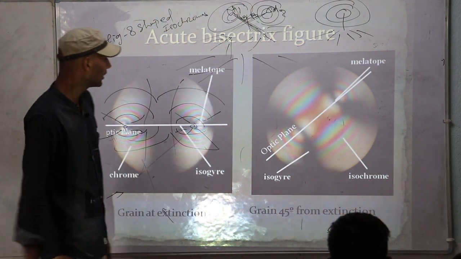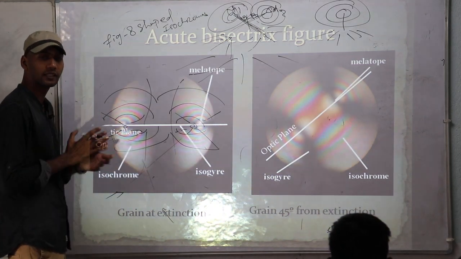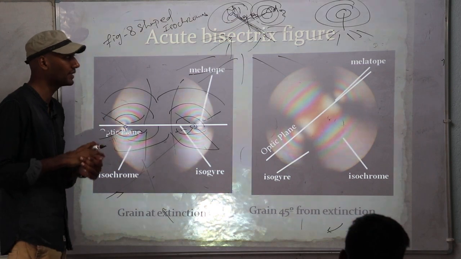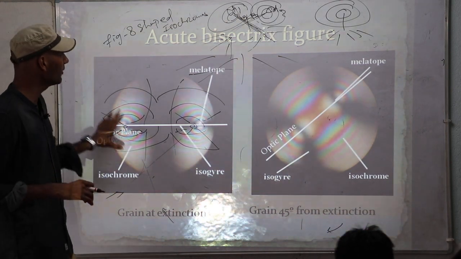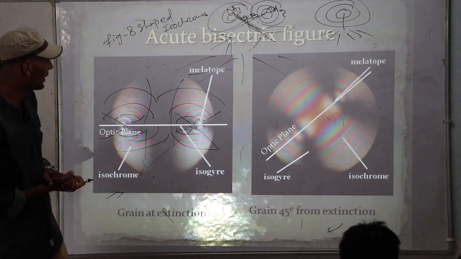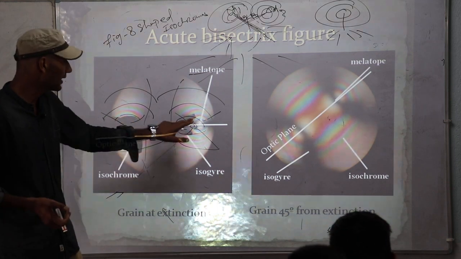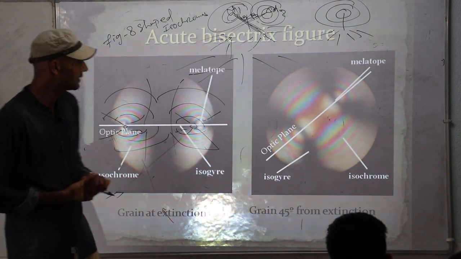When there is the effect of both optic axes, the light ray has a tendency to migrate by the shortest path. So that will form 8-shaped or elliptical isochromes. The center of the isochromes is the position of the melatope for the optic axis.